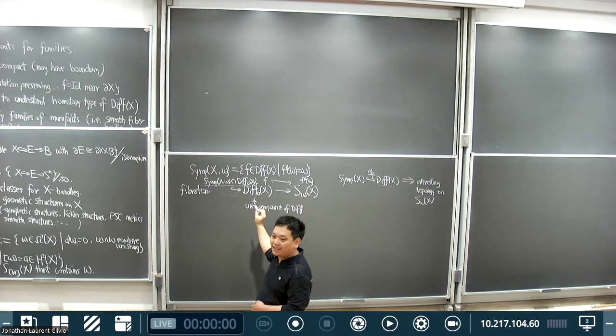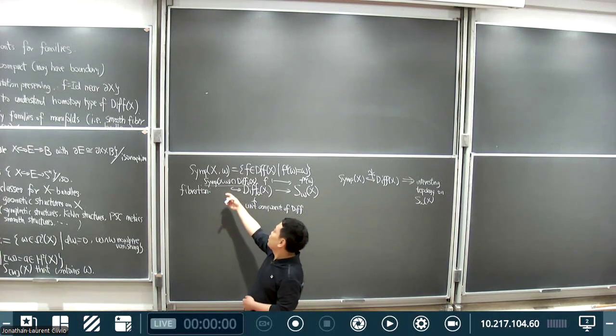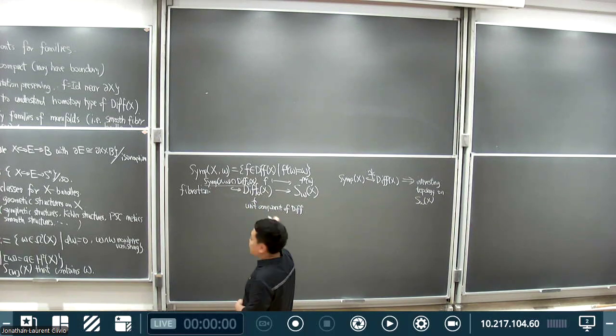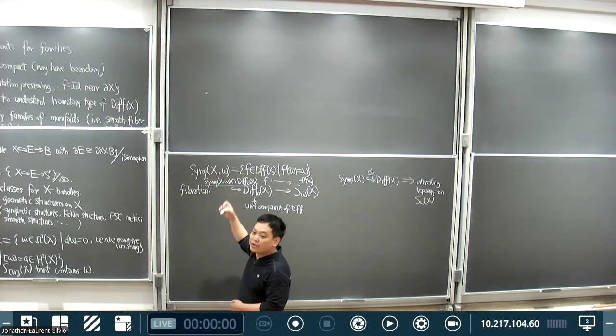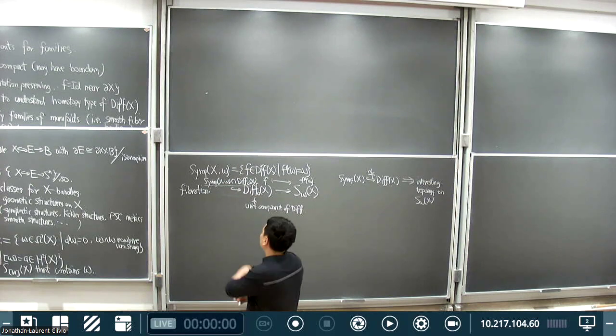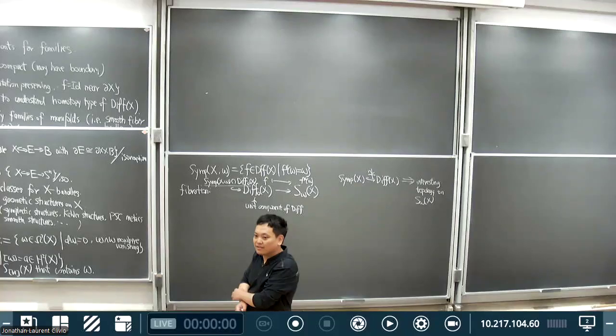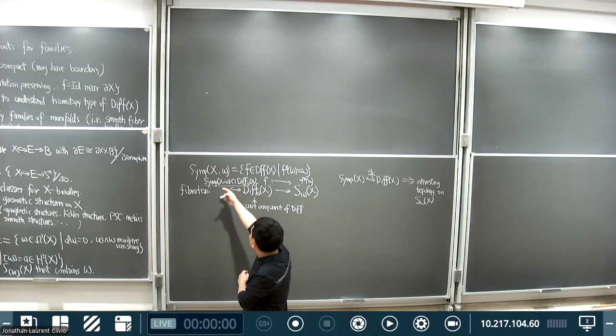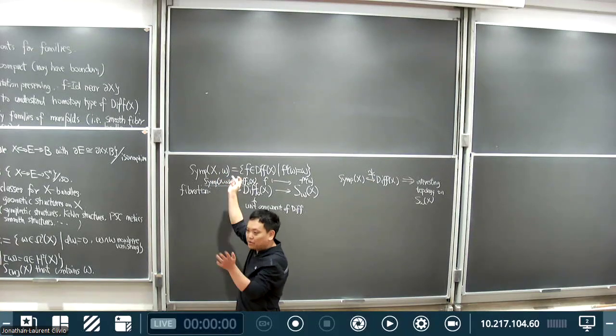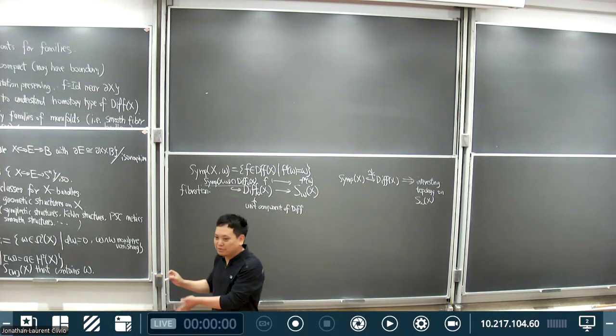Is that the union of components? That's a great question. In many cases, it is a union of components. We don't take all the components, just part of it. It's a union of components of this group, and we throw away those components which are not even smoothly isotopic to the identity.